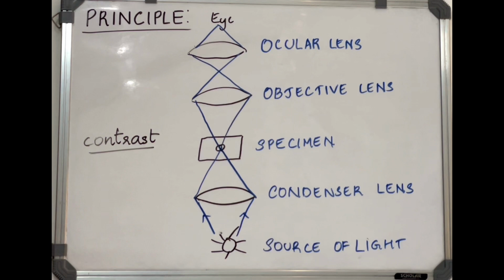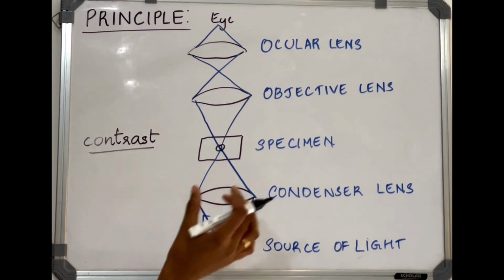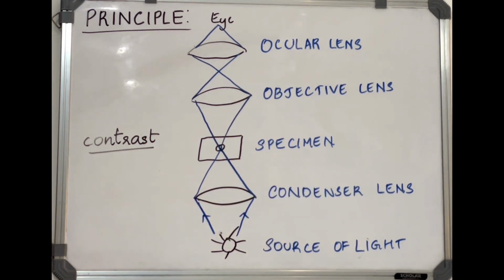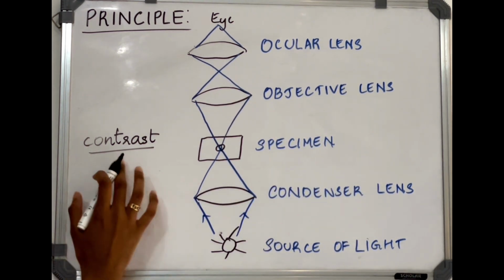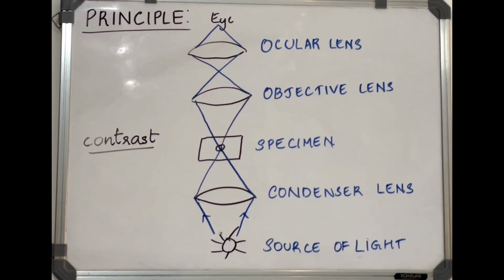What is contrast? Contrast means we can differentiate that specimen from the surroundings. We can highlight and see that specimen. So by staining, we can increase the contrast of the image.